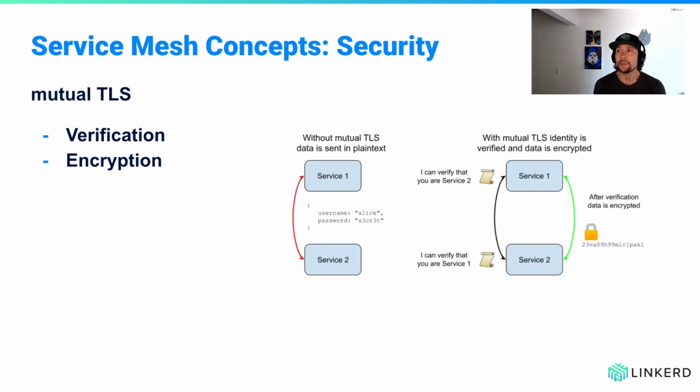I want to be explicit about that because with mutual TLS it's very easy to think about it as I'm automatically getting encryption between my two services. That's just TLS. Mutual TLS adds that verification piece, which is really important, especially if you're in a multi-tenant environment where it's entirely possible that you could have multiple users using a service mesh like Linkerd.